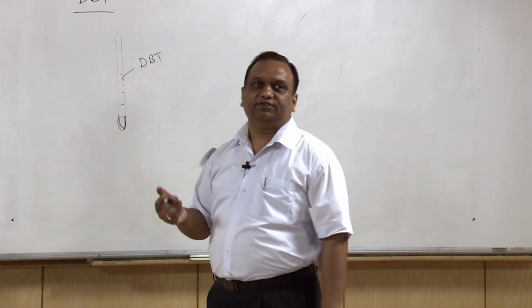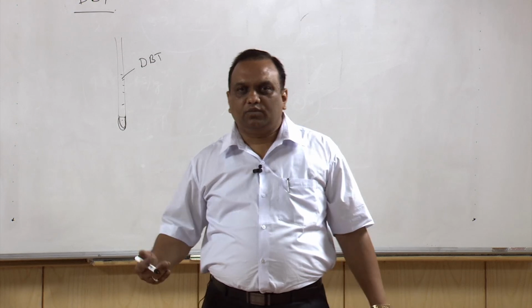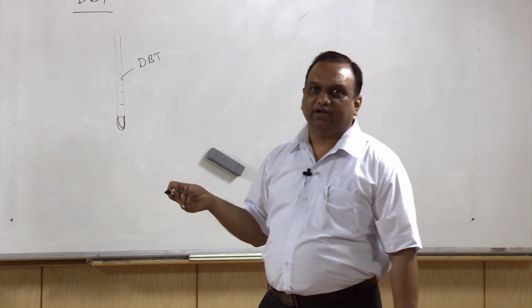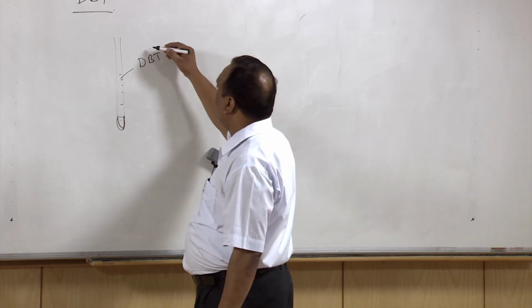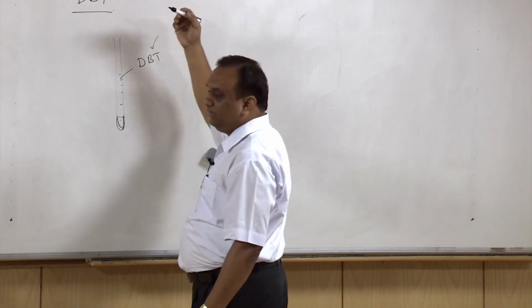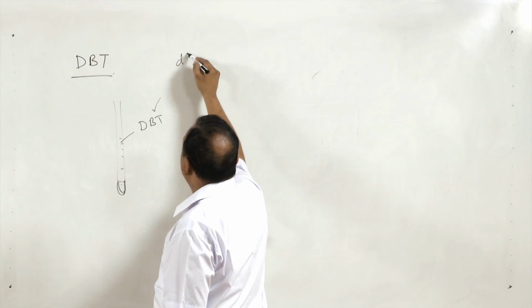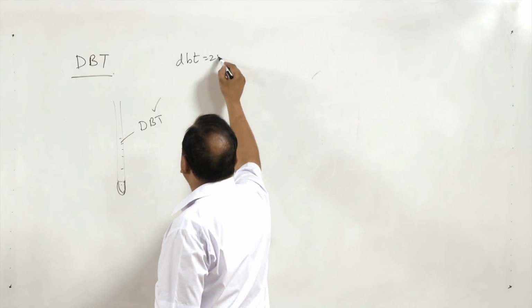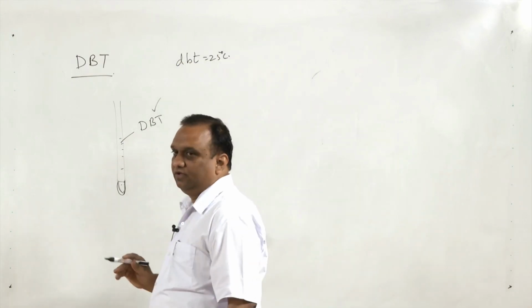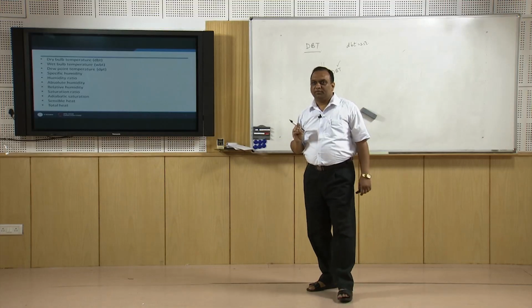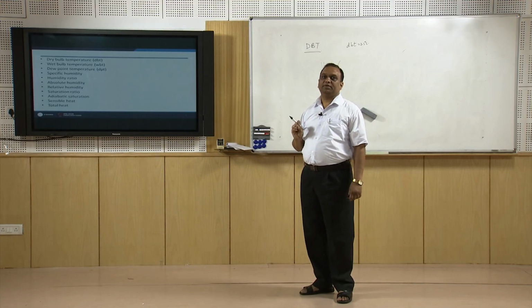So, normally when we say the temperature of this room is 20 degrees centigrade or 25 degrees centigrade, it is nothing but dBT of the room. So, a normal liquid in glass thermometer measures the dry bulb temperature.